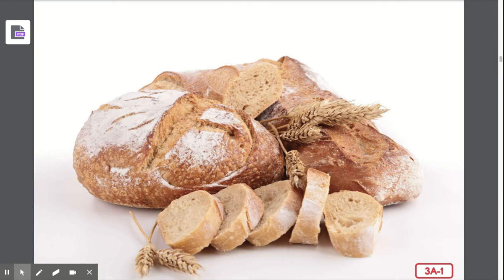Mrs. Johnston's favorite type of bread to eat are ones that look like this. They're baguettes. They have a hard outer crust and then a moist, soft inside. And when they're warm and you put just a little bit of butter on them, they are just perfect. Those are my favorite kind.